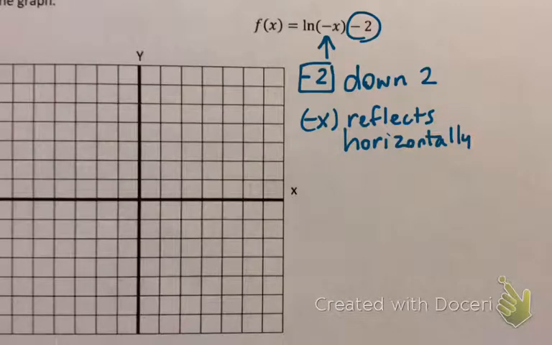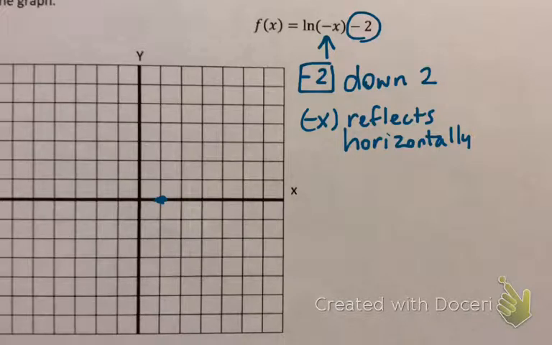So let's start by putting the parent graph on our plane, and because we don't know the logarithmic graphs as well, it's better to have the parent function to refer to and work from. So we'll start with the fact that since this is the natural log, its base is e, so it is the inverse of e to the x, which goes through the point 0, 1. So this graph, like all of these parent graphs, will go through the point 1, 0.